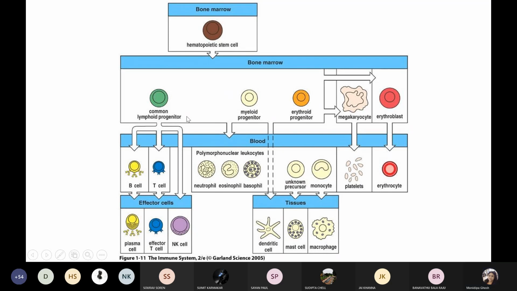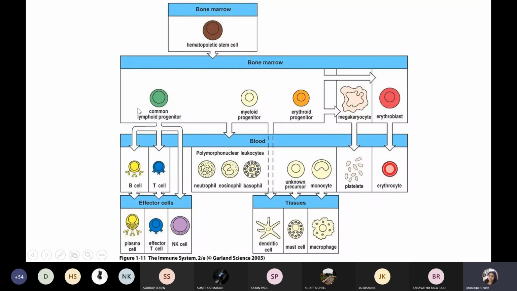Now the lymphoid progenitors develop in bone marrow, but they mature in the lymph nodes. That is why they are called the lymphoids. And some lymphoid progenitors develop in bone marrow as well as mature in bone marrow also. These are the B cells and the T cells. B for bone marrow, T for thymus.